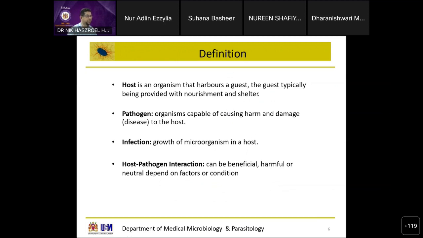And infection is the growth of the organism in a host. So host-pathogen interaction can be both beneficial, like the normal flora, and it can be harmful, like the pathogen. Or it can be neutral, depending on factor or the condition. Like in an immunocompromised host, then it can be pathogen, called as opportunistic pathogen.